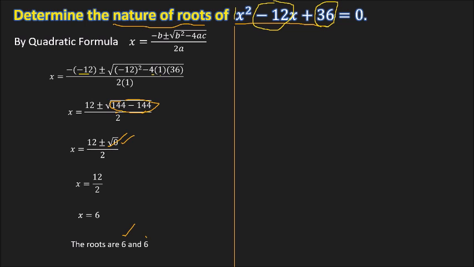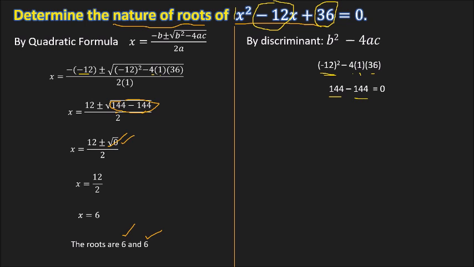So they are equal. Now, we will show you the nature of roots here using our discriminant. So by discriminant b squared minus 4ac, substitution, negative 12 quantity squared, minus 4 times 1 times 36 is equal to 144 minus 144, of course 0.